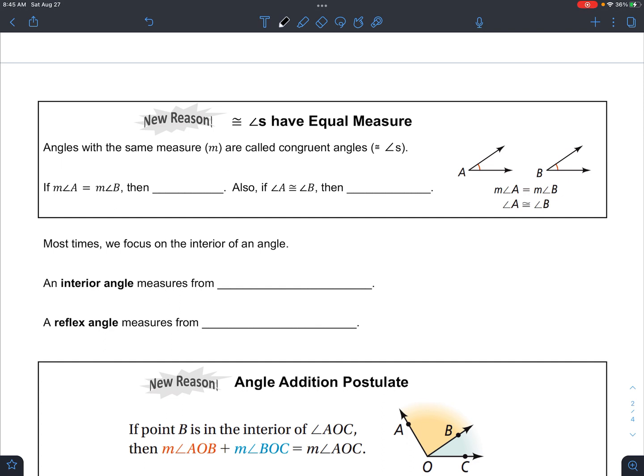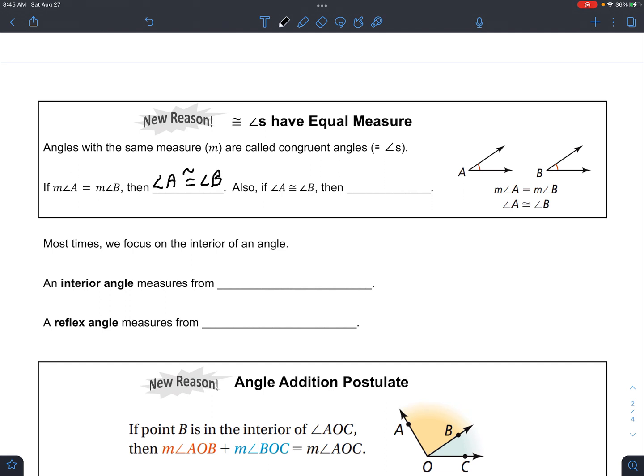Another key piece of info from this class is that congruent angles have equal measure. So again, when you put an M in front of an angle, it's talking about its size. It's a number. And when you just have the angle, it's an object. So the statement would be, if the measures of the angles are the same, then the angles are congruent, or the same shape and size.